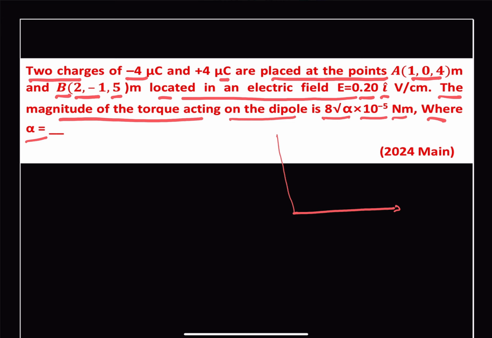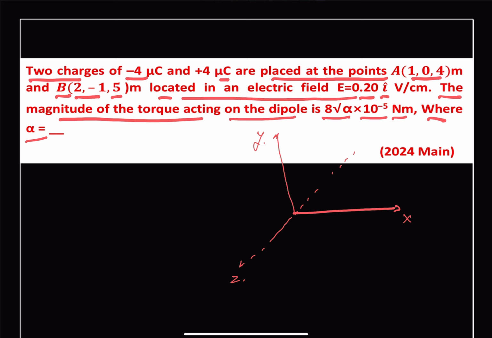We have this our x-axis, this is y, and this will be our z-axis, and we are given the point A is at 1, 0 and 4. And the other point is given as 2, -1 and 5.